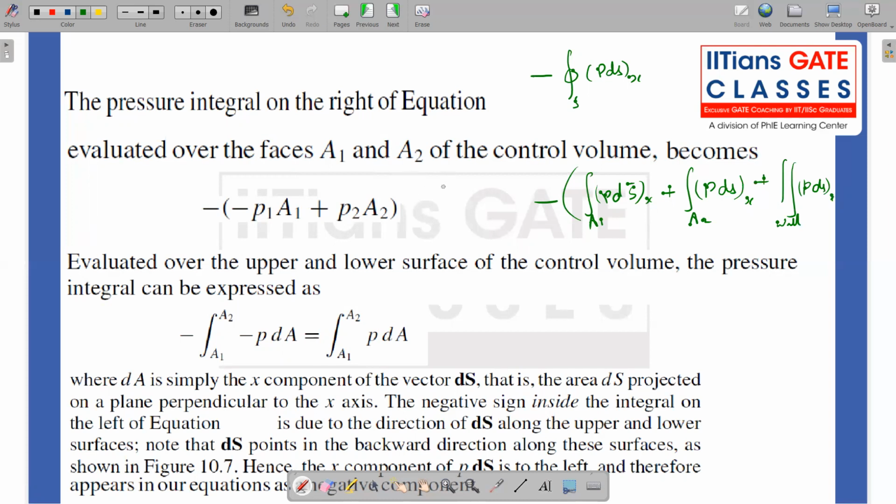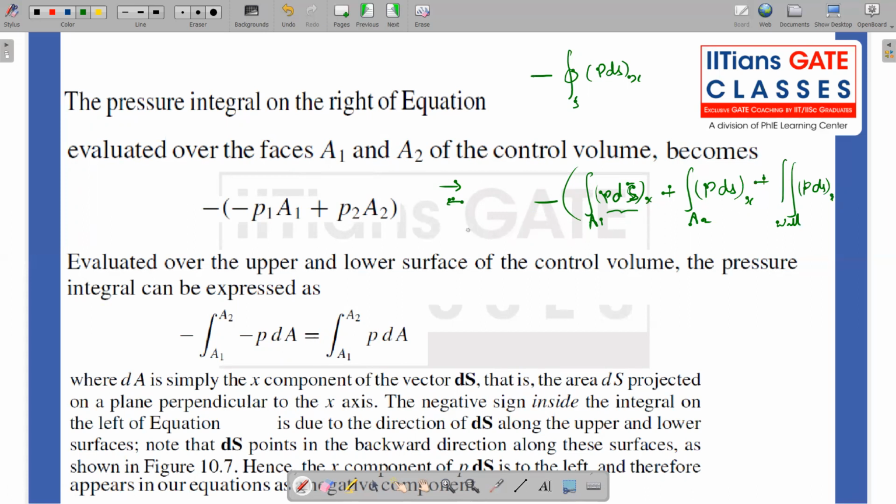These two parts are straight and clear. Pressure is acting this way and area is acting this way, but pressure is a scalar quantity, not a vectorial quantity. So there is no meaning in taking the direction corresponding to these two, because this is already a scalar. It is no more a vector pdS; it is already a component in the x direction, so it is now a scalar.